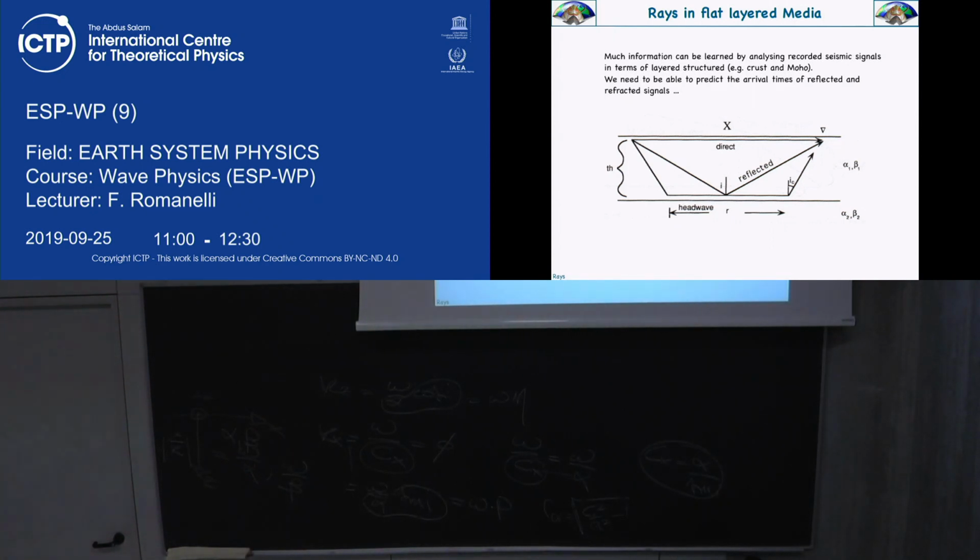This problem is not realistic. Bad news. But we are going to solve it. So the problem now is to study the arrival times in a very simple configuration. Free surface, a layer, half space. Data: arrival times. Unknowns: alpha 1 or beta 1, alpha 2 and beta 2, and the thickness of the layer.